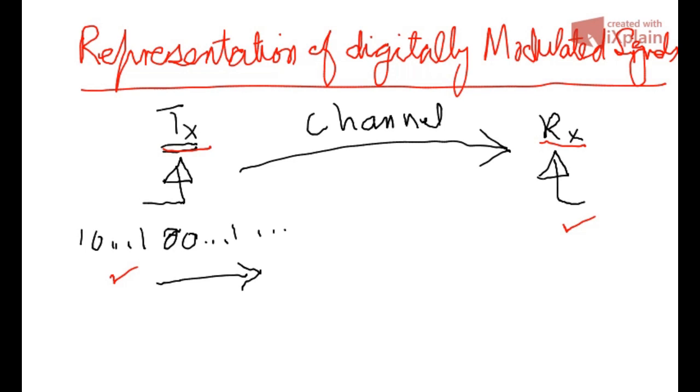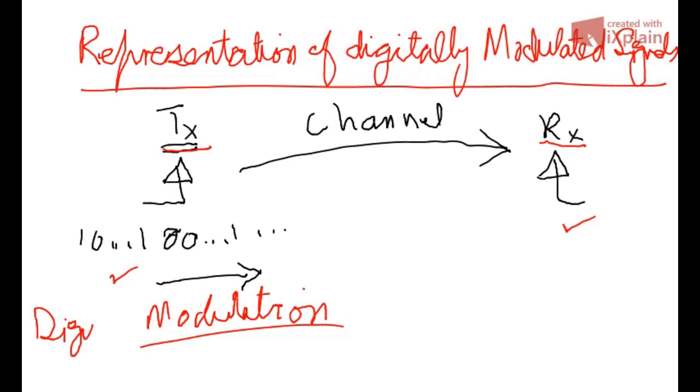One of the essential tasks at the transmitter is modulation. Because we have digital processing at the transmitting and the receiving end, we mainly discuss the digital modulation schemes.